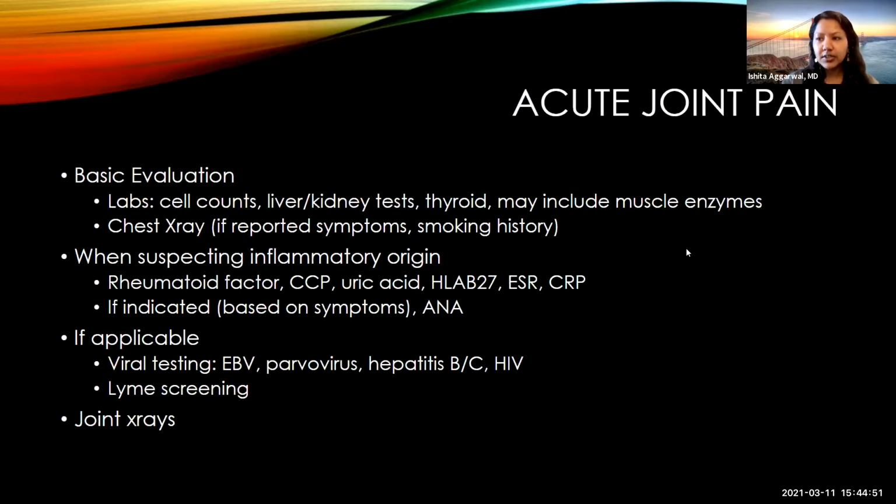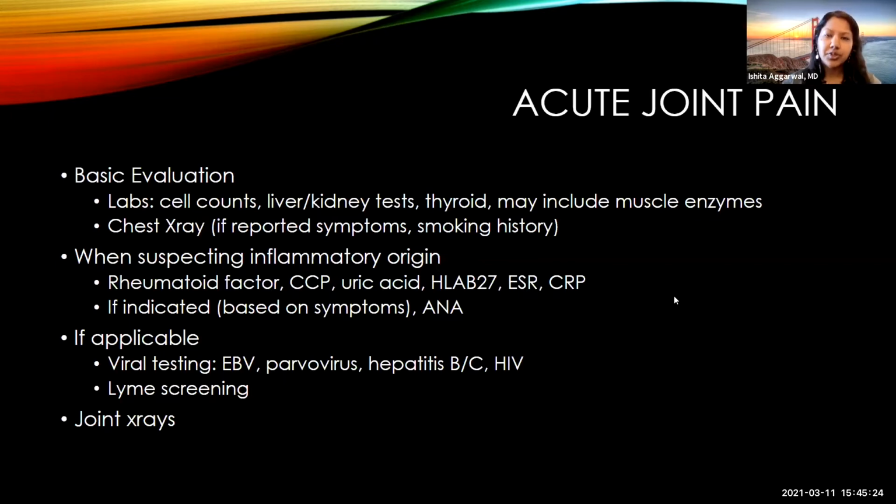Viruses can often cause an acute self-limited polyarthritis involving multiple joints, and the specific cause for viral arthritis is not always investigated. When you're suspecting inflammatory pain, we often check certain antibodies such as rheumatoid factor, CCP. We may check a uric acid to evaluate for gout, a genetic marker called HLA-B27, and some inflammatory markers called ESR and CRP.